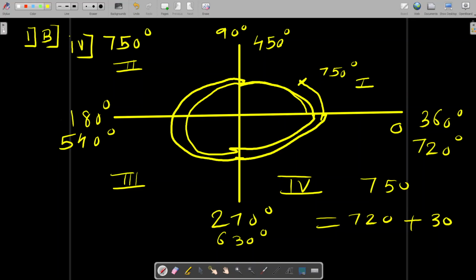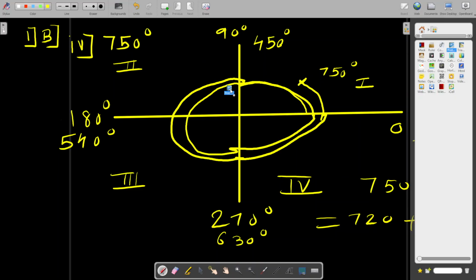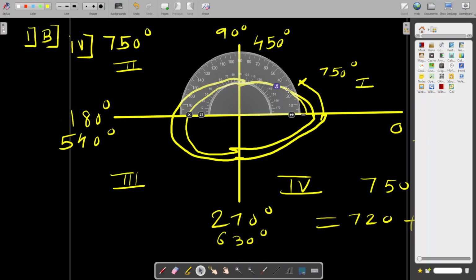So if I take a protractor now and put it over here, you can see 720 plus 30 comes here exactly.